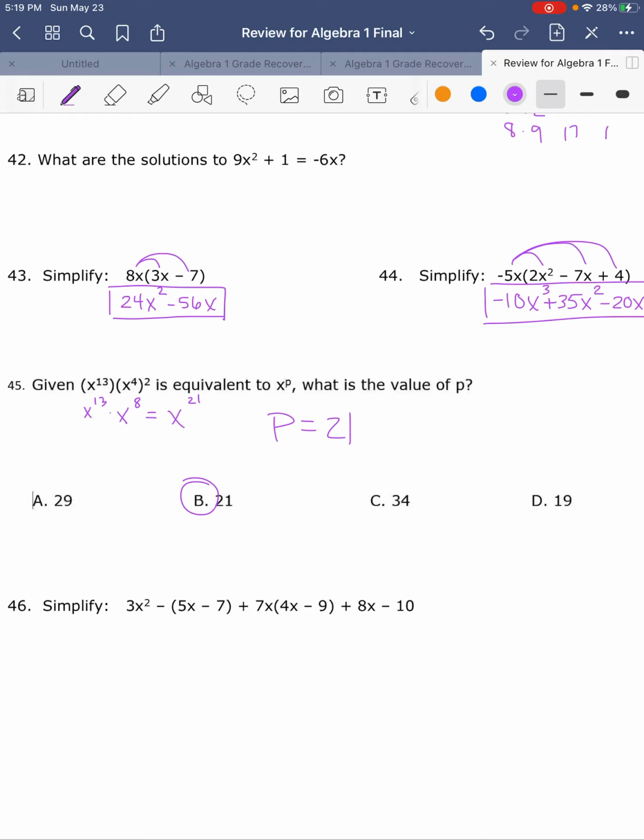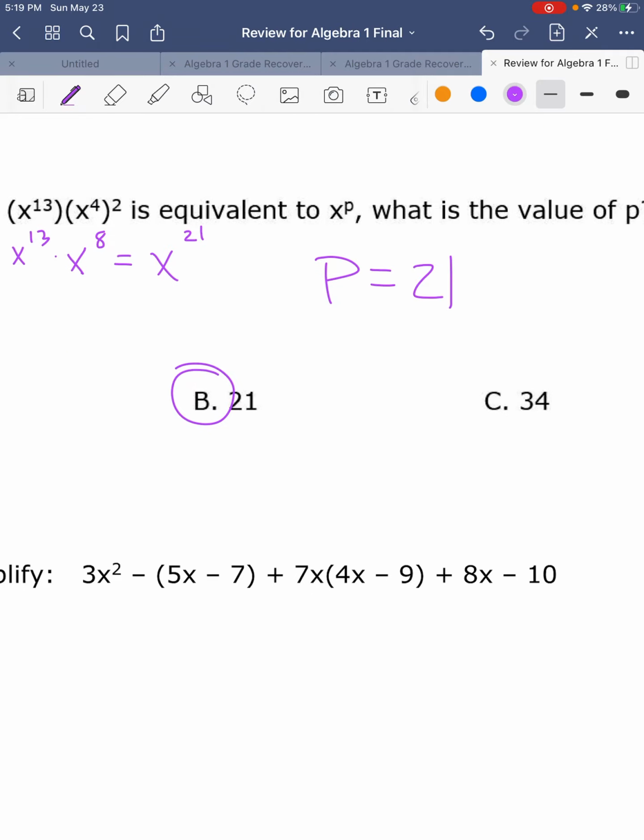All right, 46, we're going to simplify. And our first step here is just distribute everywhere that we can. So that's a -1, and that has to be distributed. 3x squared stays the same. -1 times 5x is -5x. -1 times -7 is +7. 7x times 4x is 28x squared. 7x times -9 is -63.